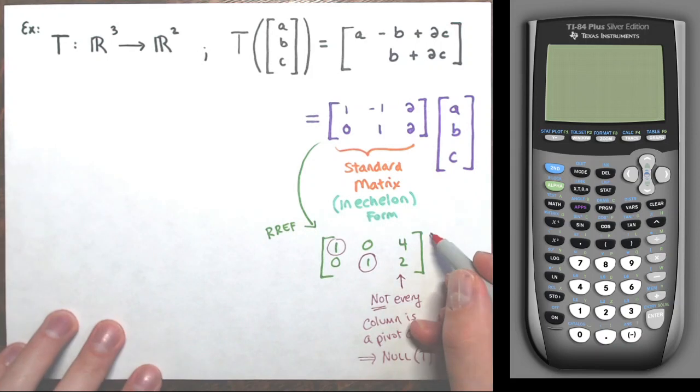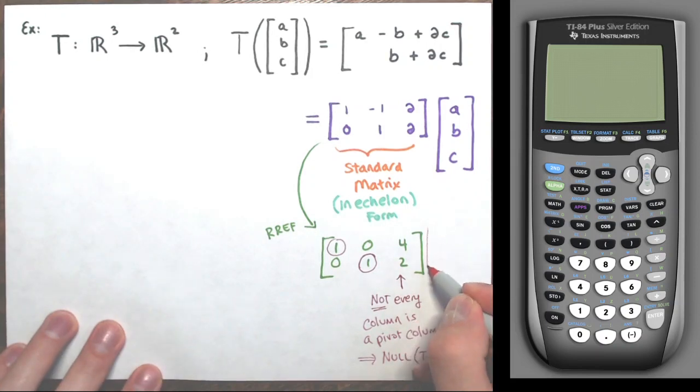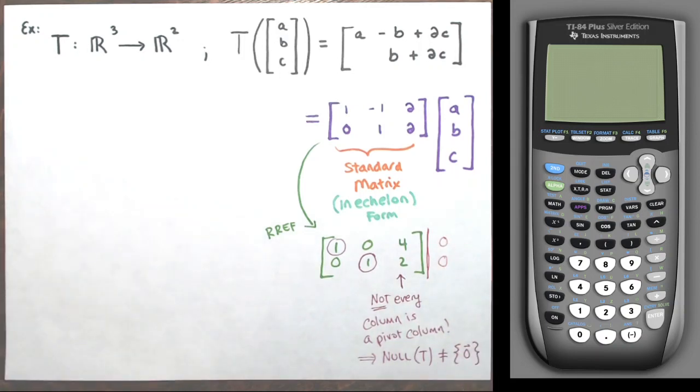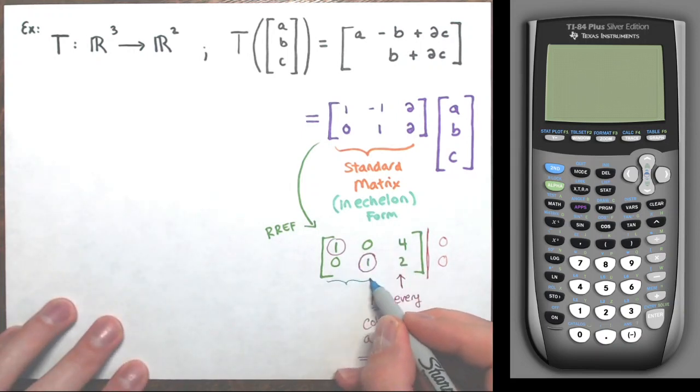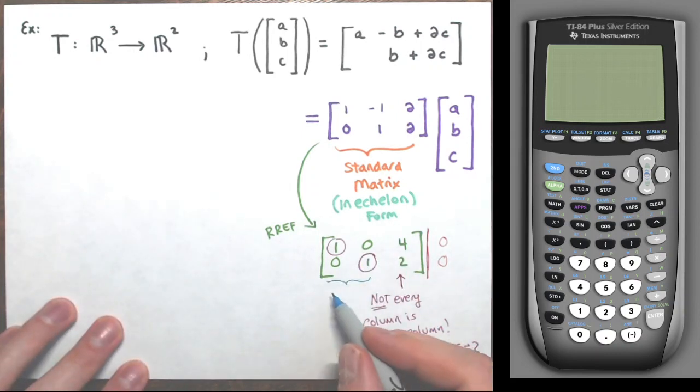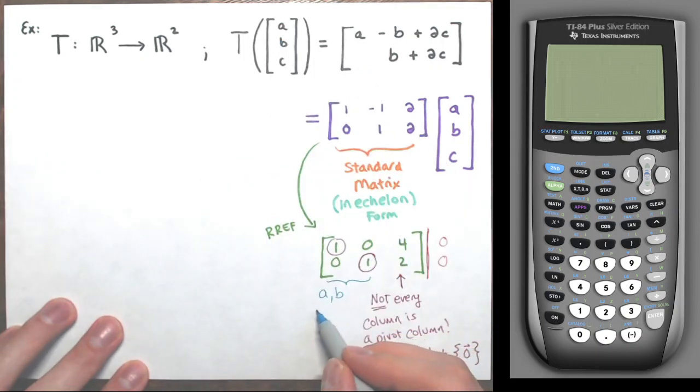So again, now take my reduced echelon form here. Imagine there's a little bar for the equal signs and then zeros on the other sides. If you look at our pivots, we see that the first two columns are pivot columns. So the first two input variables, A and B, would be basic variables.